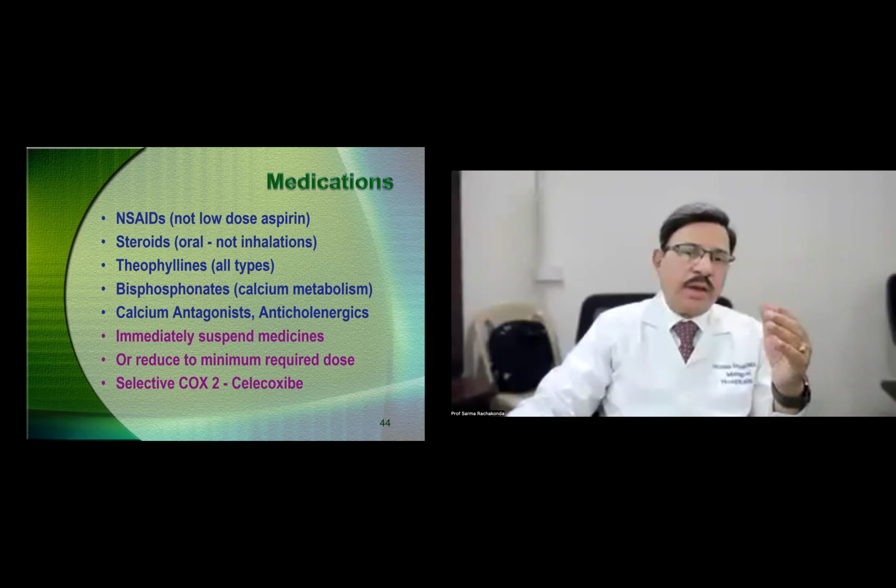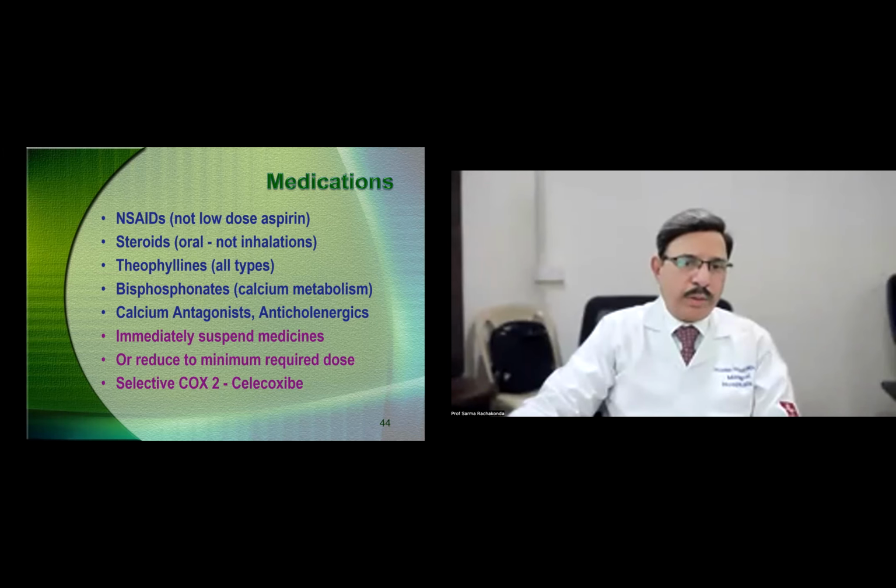Or when an NSAID is a must and the pain is so bad, you switch from conventional NSAIDs to selective COX-2 inhibitors. Selective COX-2 inhibitor is celecoxib. These are the selective COX-2. What is COX-2? COX-2 is an enzyme which is there in the stomach as well as in the other tissues. This COX inhibition suppresses the prostaglandins, thereby helping the pain.